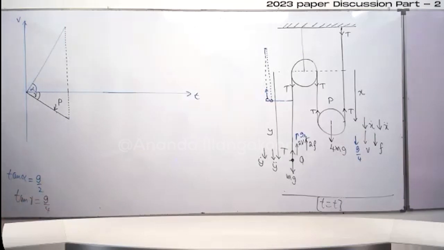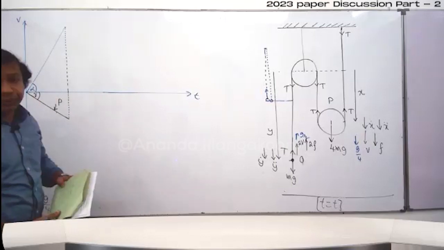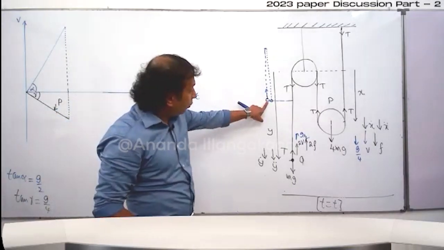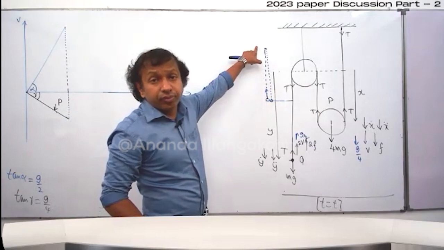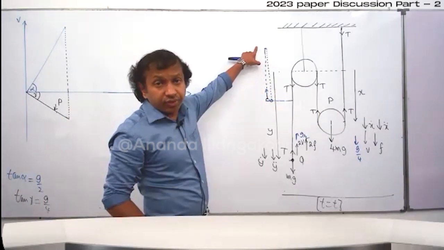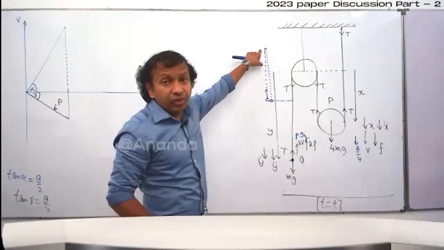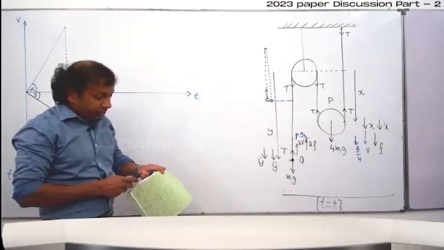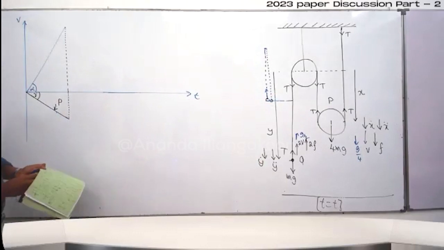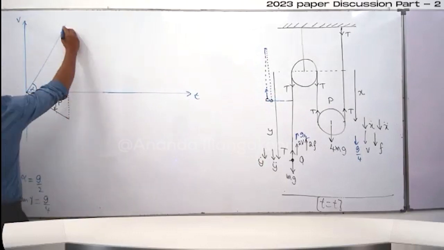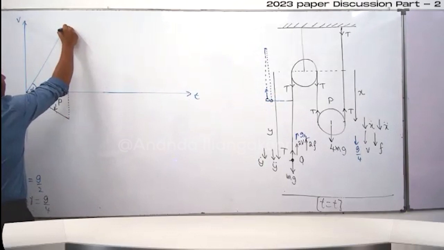Now, thereafter what happens? This particle Q moves under gravity with retardation g. Then what happens? Its velocity decreases. Then at the maximum height, velocity is 0. Understand? So how to sketch that part? We can sketch that part like this, no? This way. Velocity decreasing here, retardation like this.